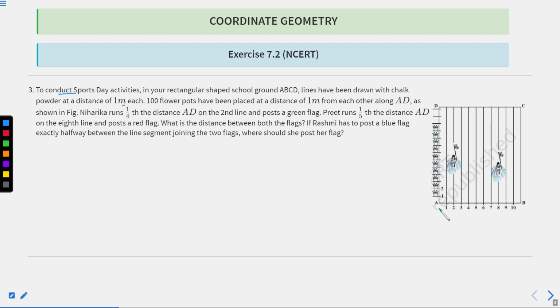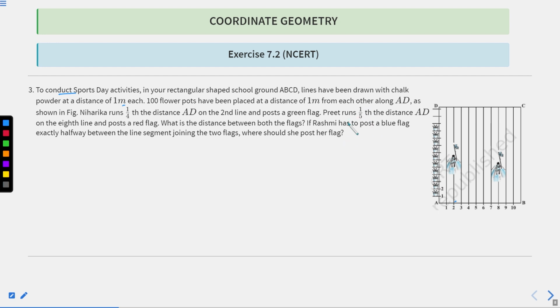As shown in the figure, Niharika runs one fourth the distance AD on the second line and posts a green flag.